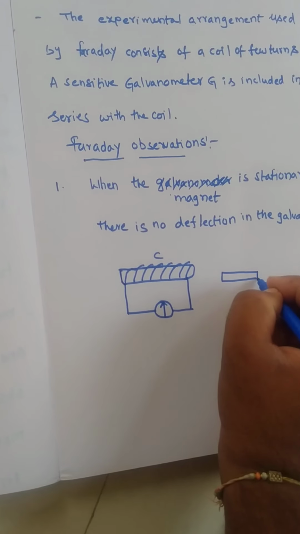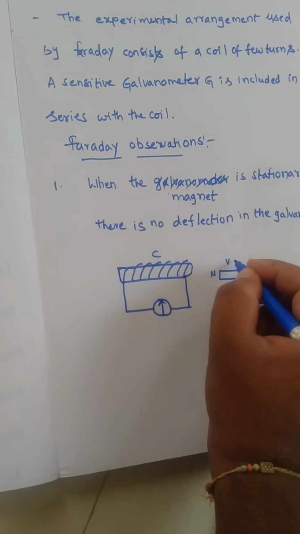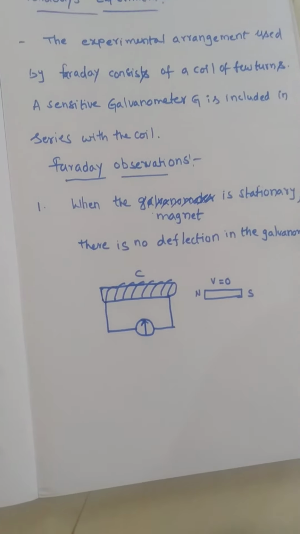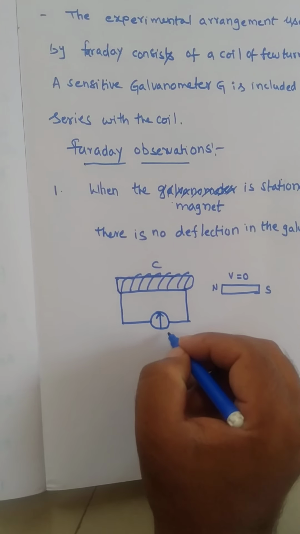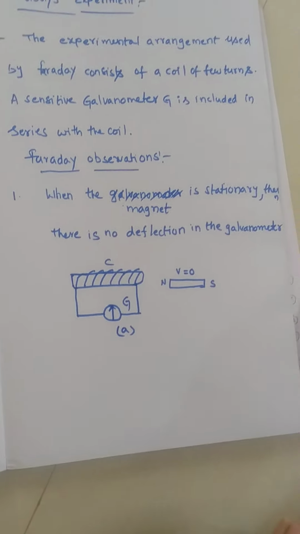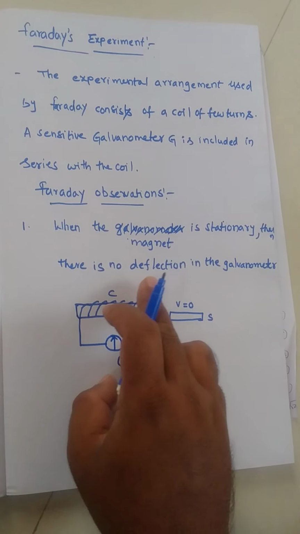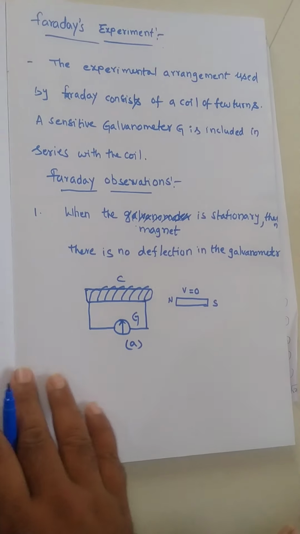Assume this is the north pole and this is the south pole. The velocity, I mean the motion of the magnet, is zero. So when the magnet is stationary, there is no deflection in the galvanometer.